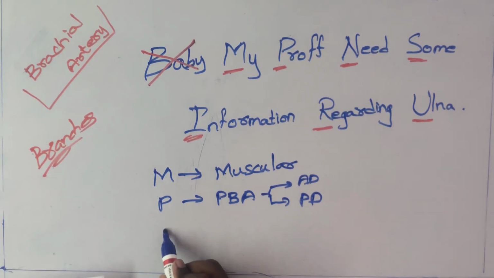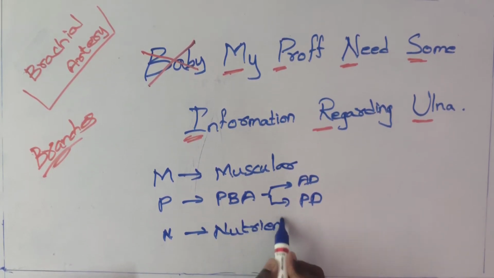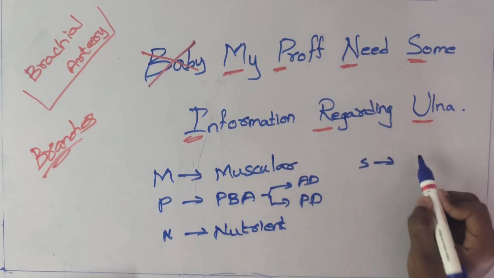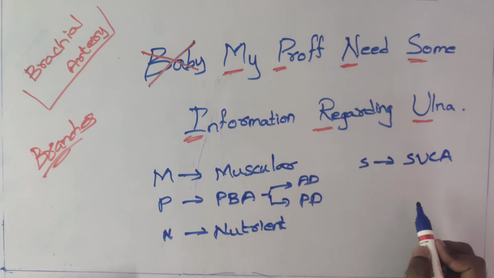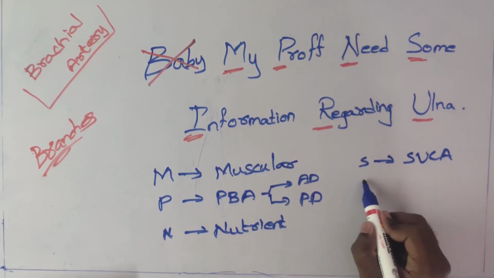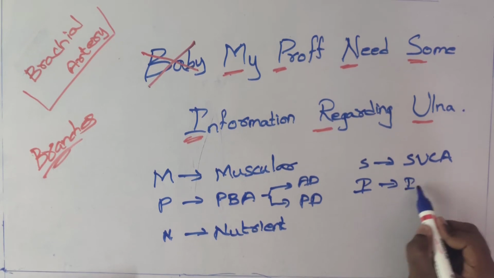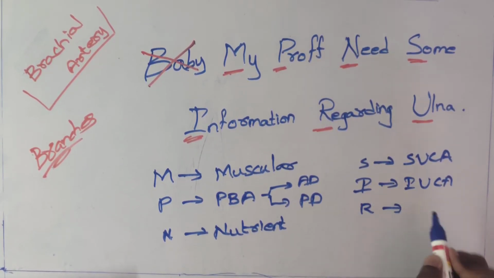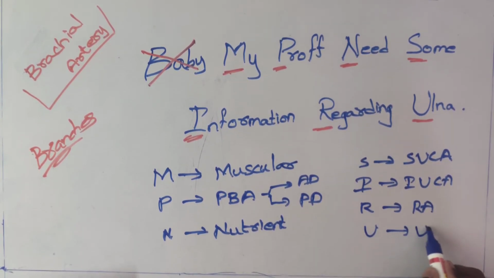Next, the N, nutrient artery. Now the S, superior ulnar collateral artery. And the I, inferior ulnar collateral artery. The R, radial artery. And the U, ulnar artery.